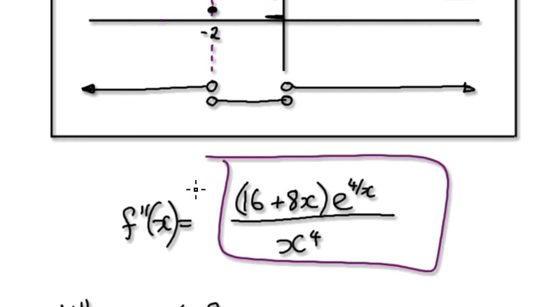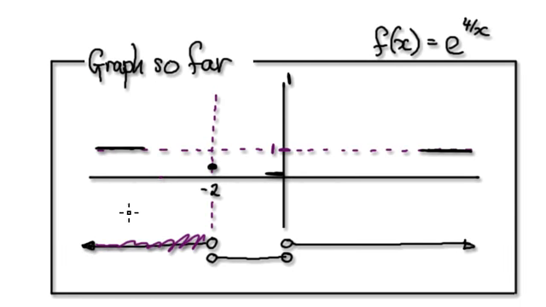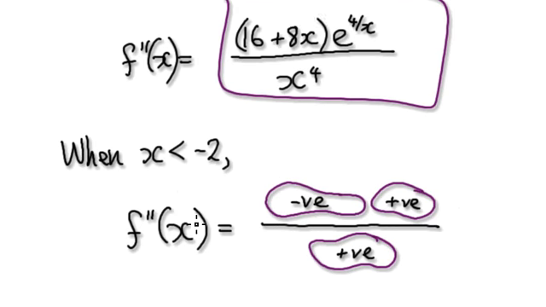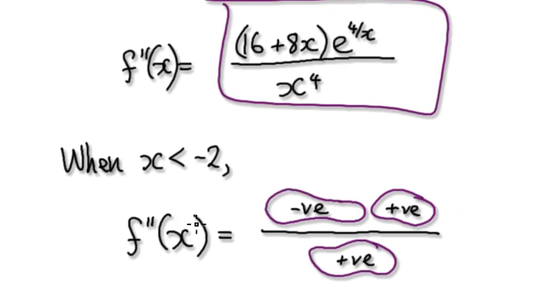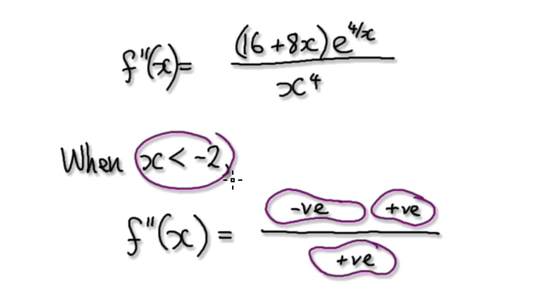Now let's consider this interval, where x is less than minus 2. We've done that in the previous video, so f double prime is given by this.